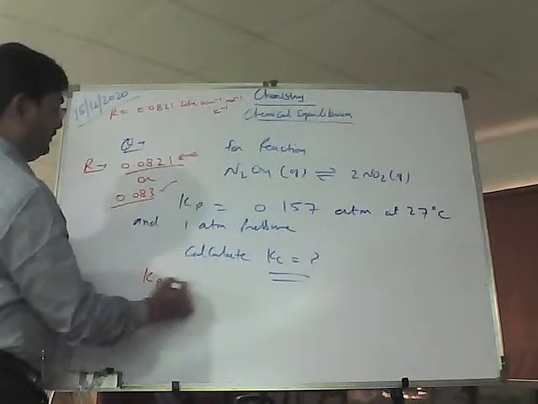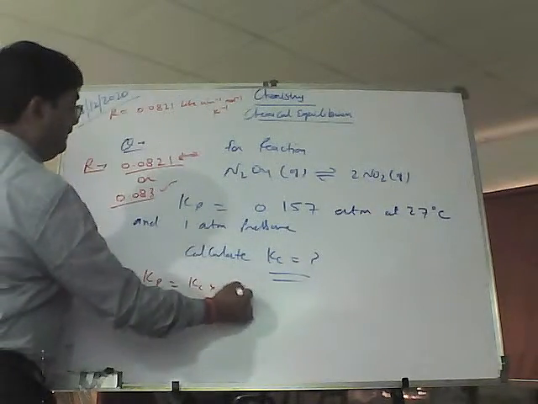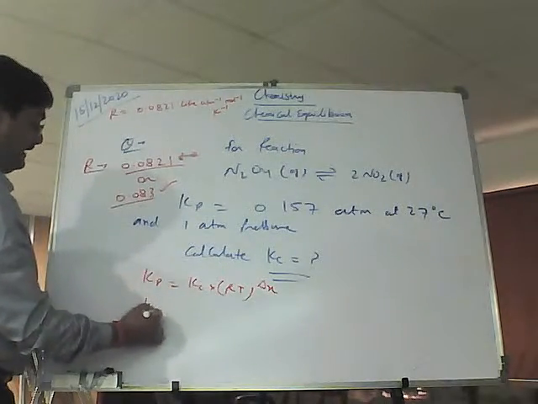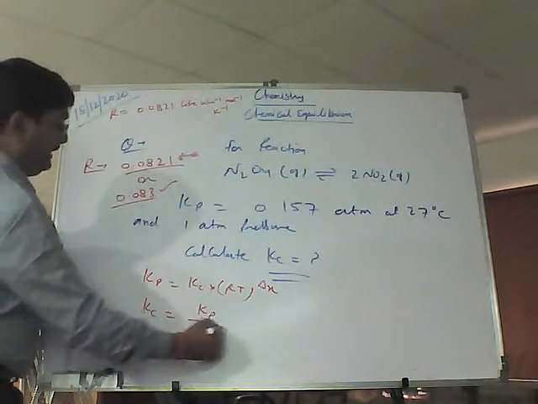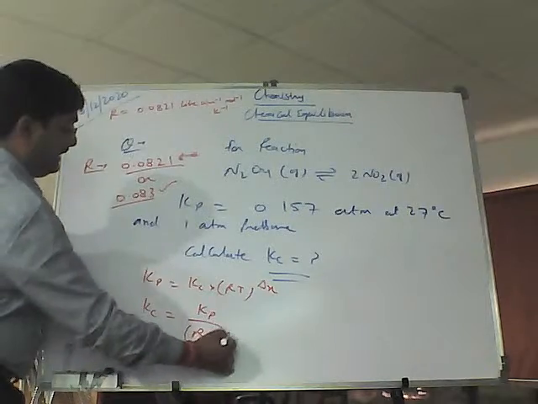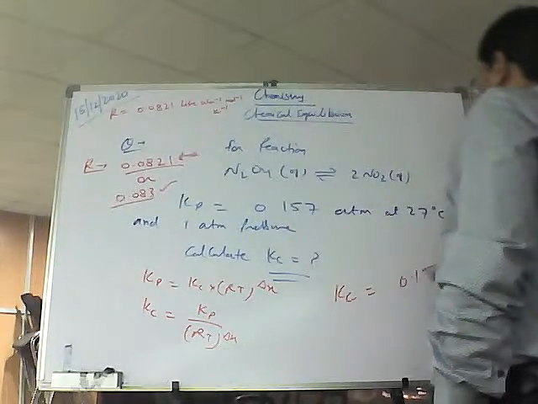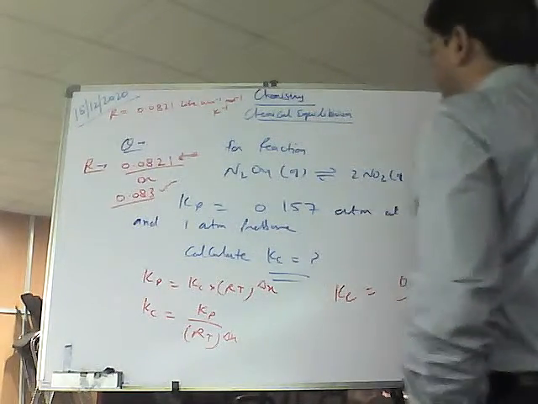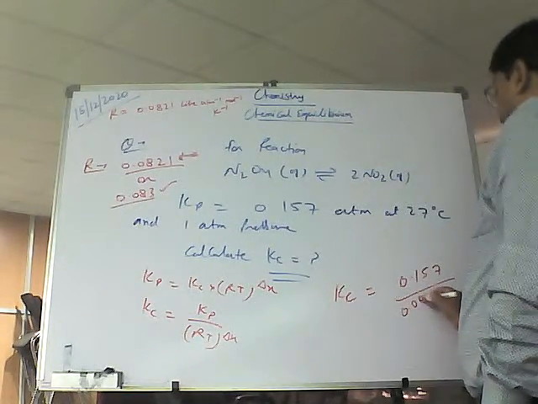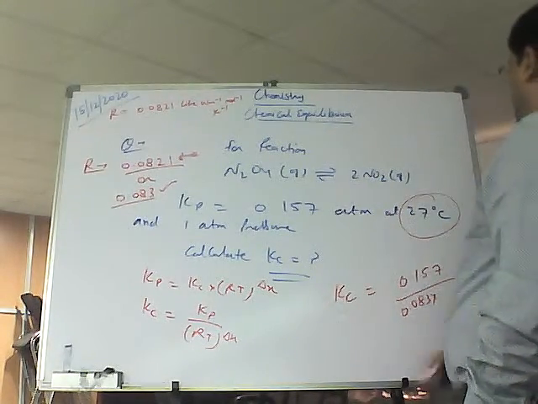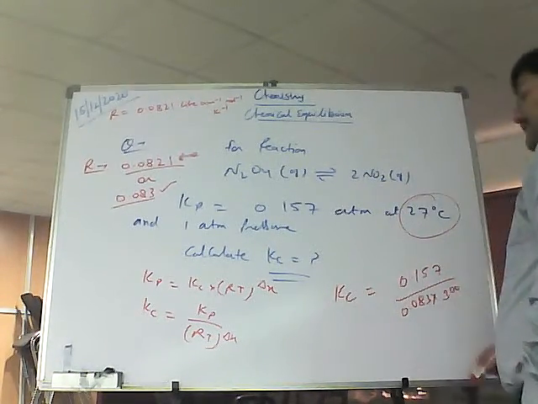Kp is equal to Kc into RT power delta x. This time we have to find Kc, so Kc is equal to Kp upon RT power delta x. Kp is already given as 0.157. R is approximately 0.083. Temperature given is 27, so we have to convert it to Kelvin, so 300 Kelvin.